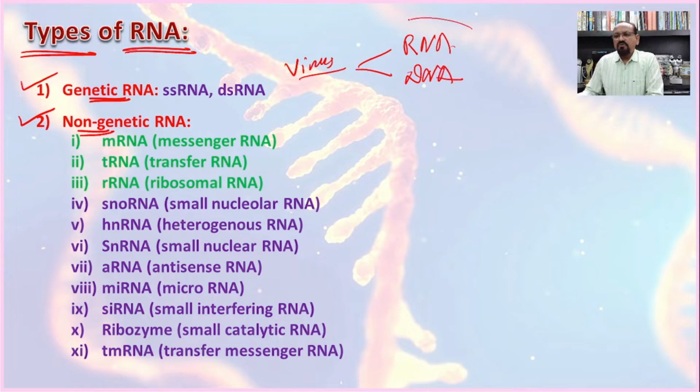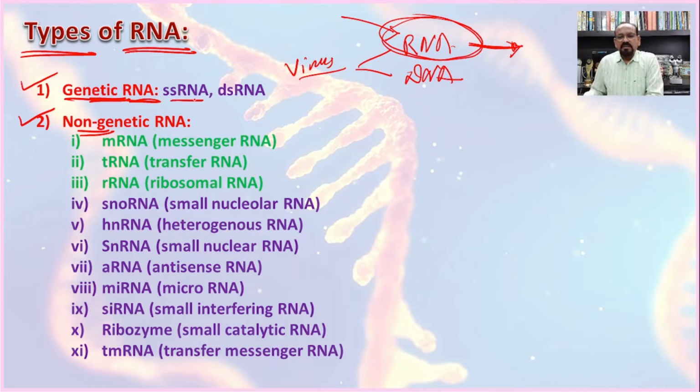In such cases, those viruses which contain RNA are provided with genes in that RNA molecule. It means that this RNA is also a genetic material for such viruses, which is known as genetic RNA.